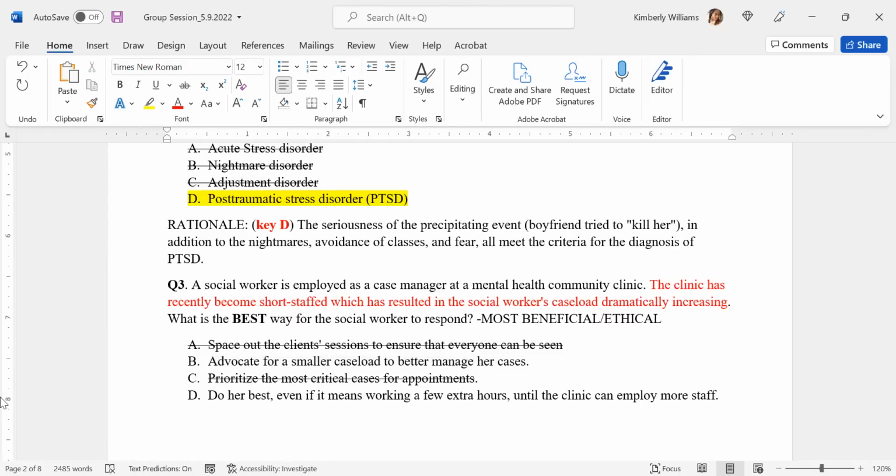So let me just paint the picture. You're stressed out because your clinic is short-staffed. Is that your issue? Rochelle, is it your fault that your job is short-staffed? No, and will it benefit you to work extra hours? We would love to advocate for smaller caseloads.